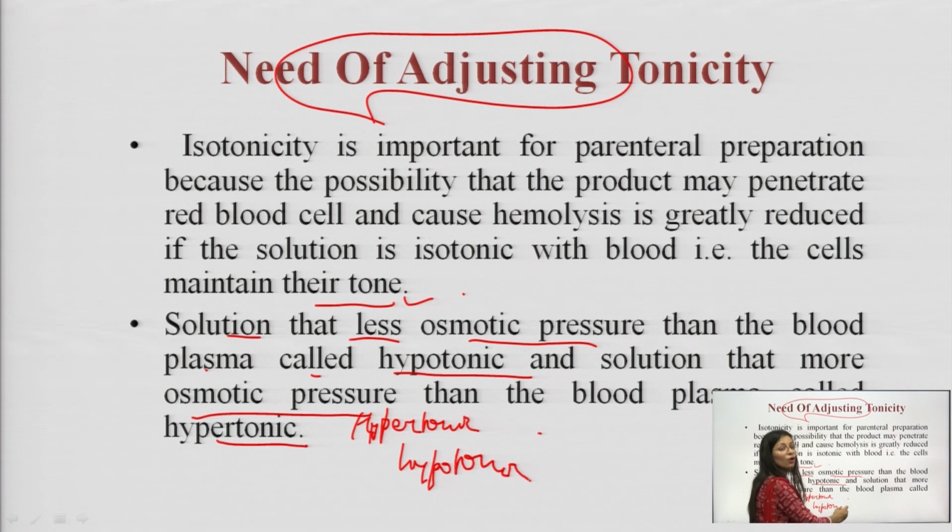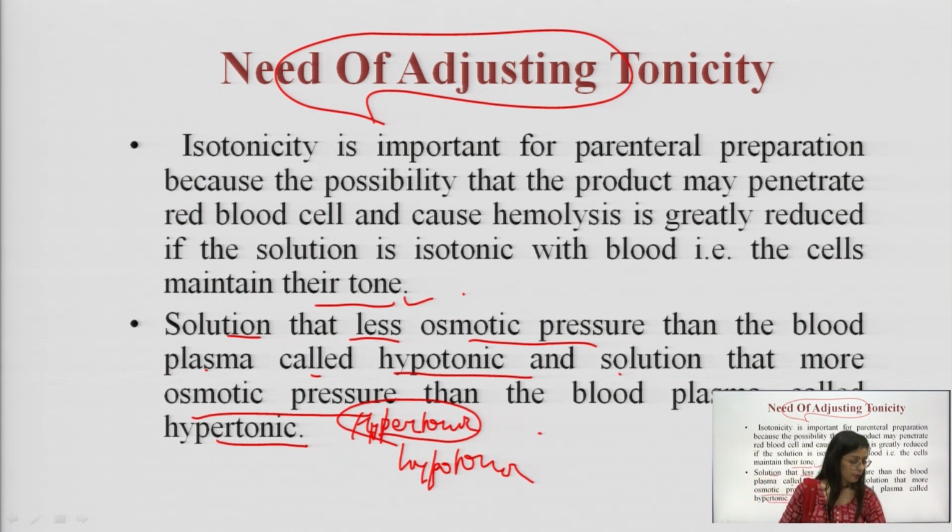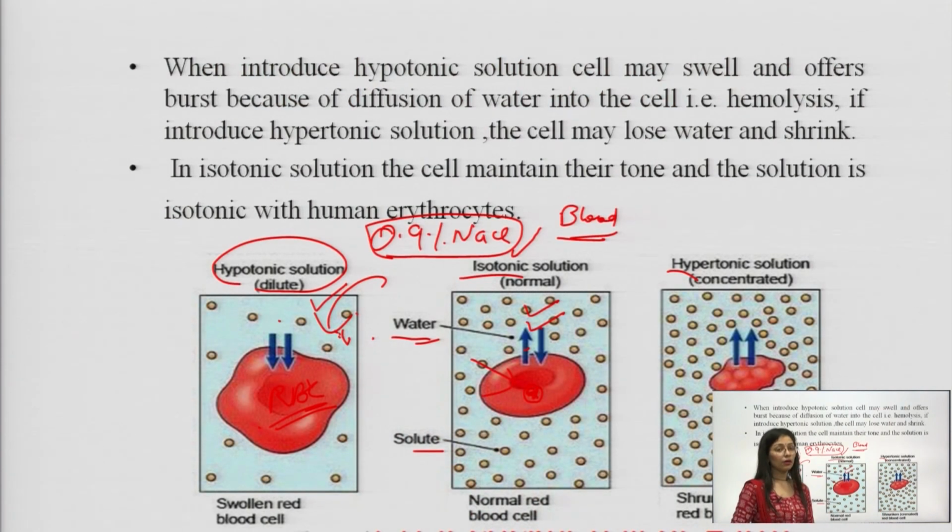Okay. What is the meaning of hypertonic? Hypertonic, as I told you, is a solution that has more osmotic pressure than blood plasma. It leads to shrinkage of RBC. Whereas if your solution is hypotonic, it means swelling. Okay, you can learn it by hypo. O means swell.